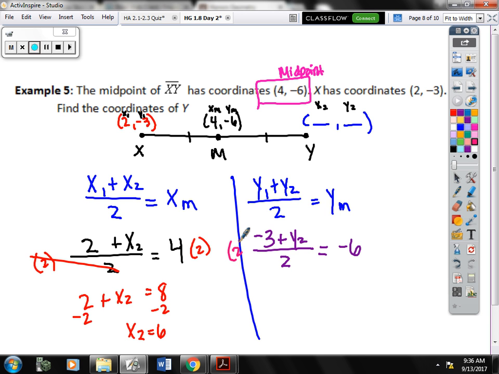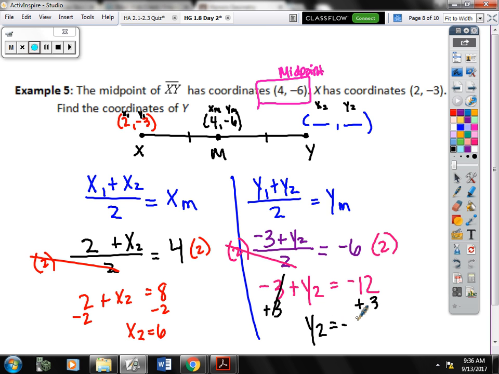Multiply by 2 on both sides, and undo the negative 3 by adding 3 to make this become 0. And then we'll take these two answers and put them together as an ordered pair for point Y, which would be (6, -9).